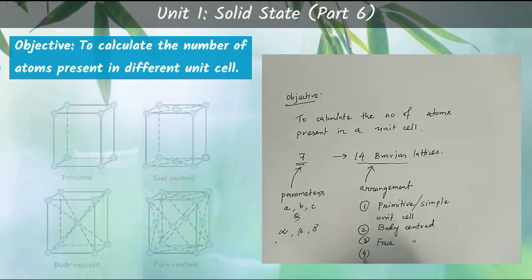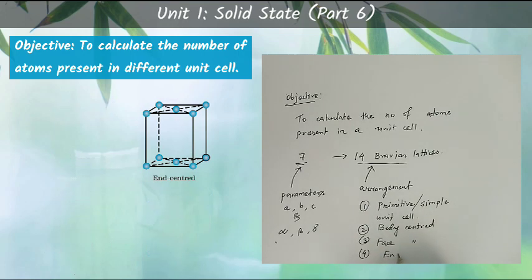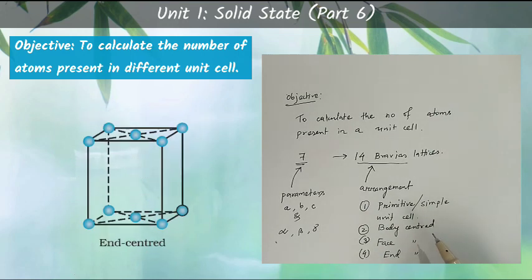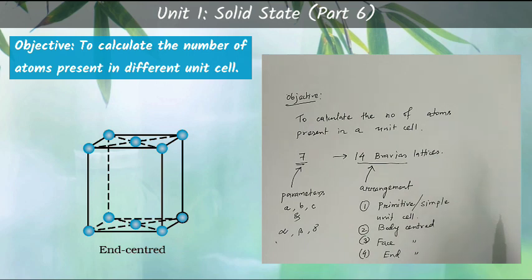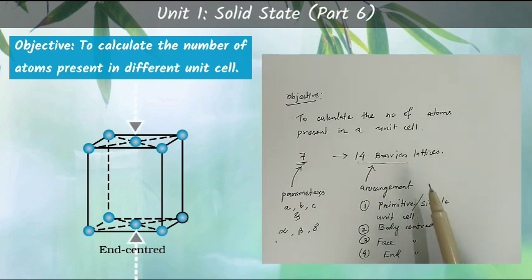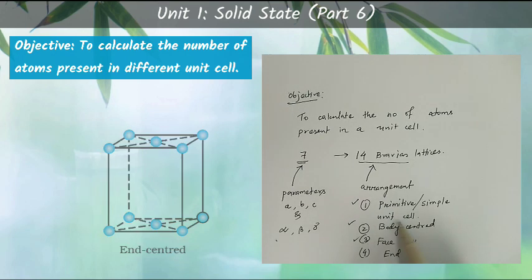And number 4 is end centered, where 2 opposite faces are occupied by 2 additional constituent particles. It may be atoms, molecules, or sometimes ions. But in this video we are going to calculate the number of atoms which are present in these types of unit cells.